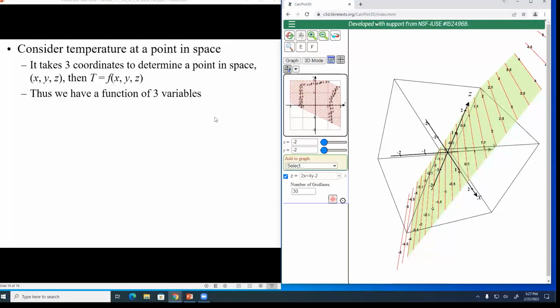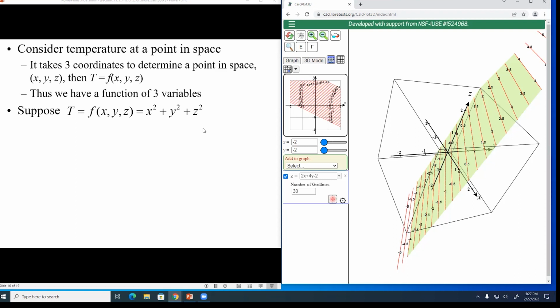We don't have the ability to plot in 4D. So when this happens, we can no longer plot the entire function. So this function T equals x squared plus y squared plus z squared, we're not able to plot that.